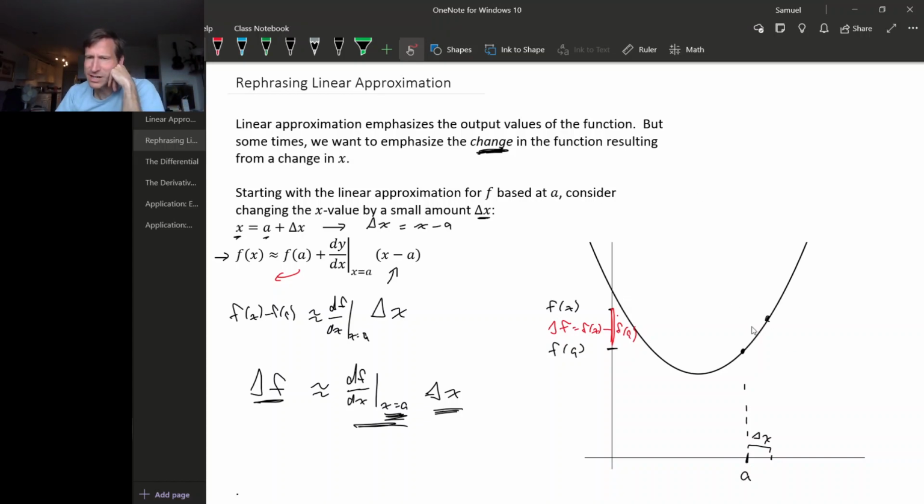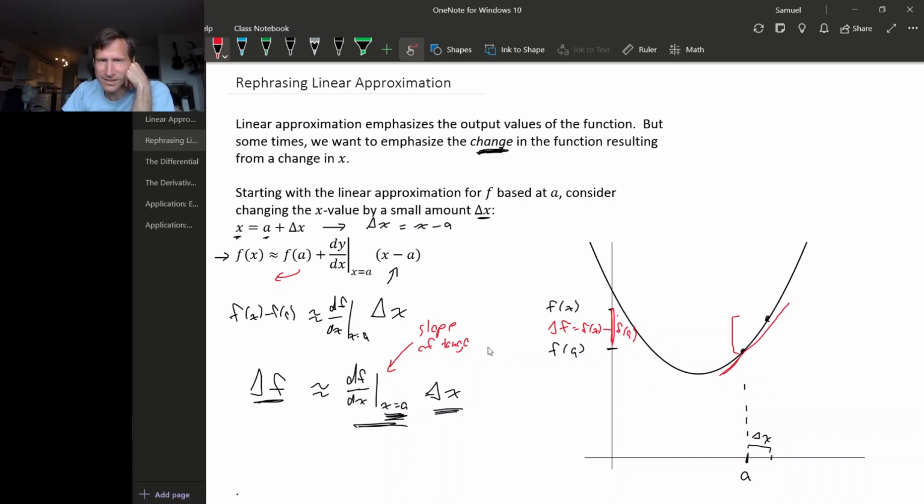So what's happening here is the actual change in the function is the difference between these two values. But if you look at what's on the right-hand side of this approximation, this derivative, that's the slope of the tangent line, as always. And we can sketch the tangent line like this.